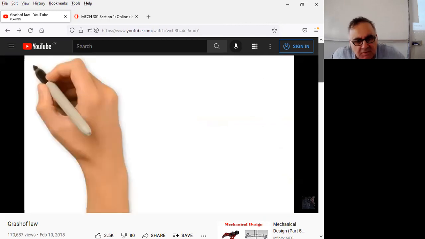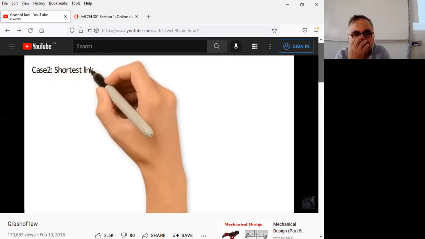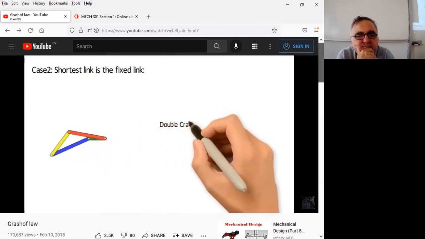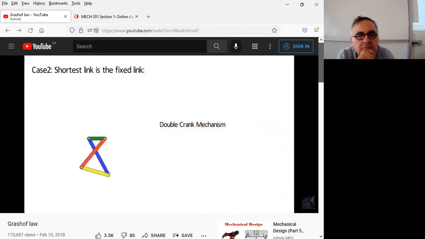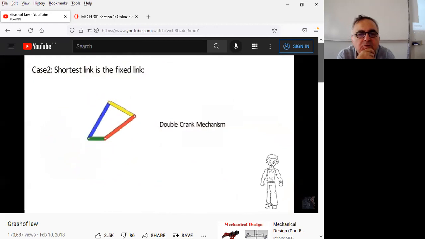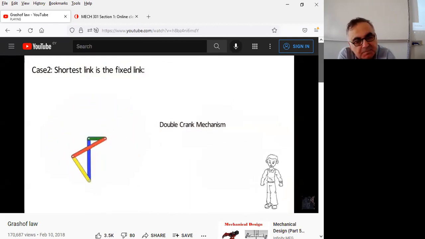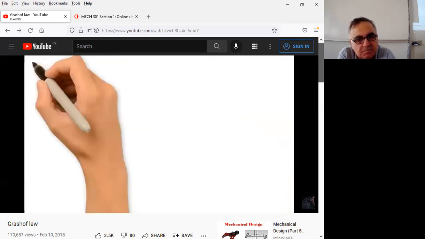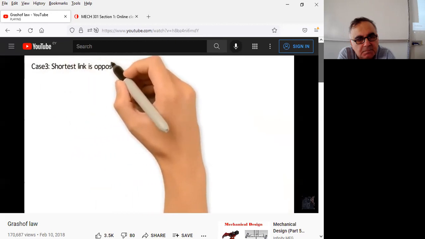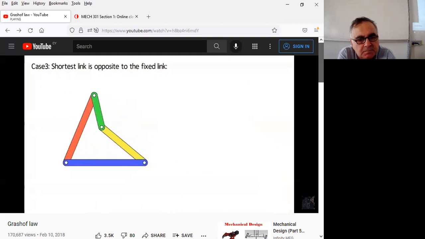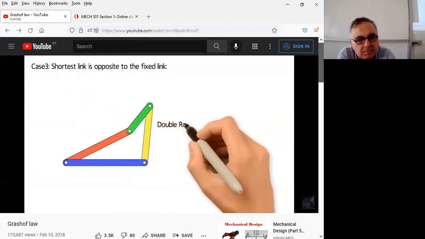If the shortest link is next to the fixed link, then you have a crank rocker. If you fix the shortest link, you have a double crank mechanism. Does the position of the other three links matter? No, the position of other three links won't affect the nature of the mechanism. If the shortest link is opposite to the fixed link, the mechanism so obtained is known as double rocker mechanism.